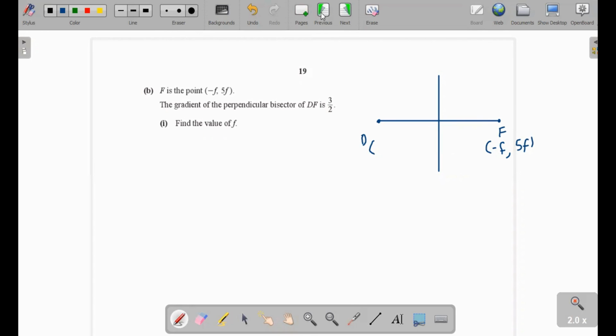We can see that point 4, 6 is given in part A. Now the gradient of the perpendicular bisector BF, we consider as M, is 3 over 2.